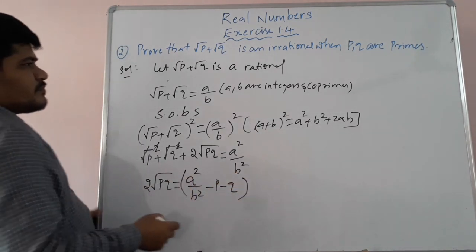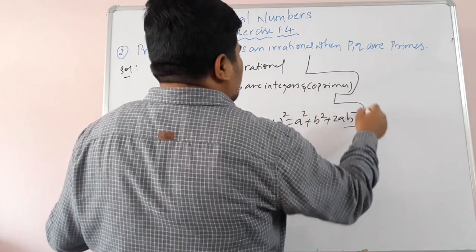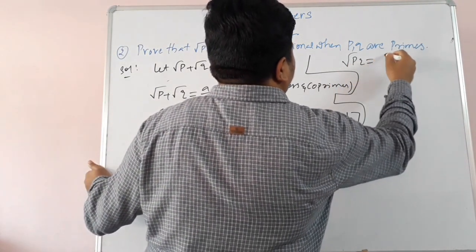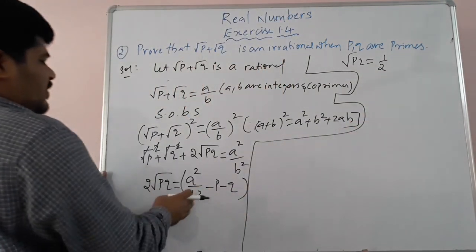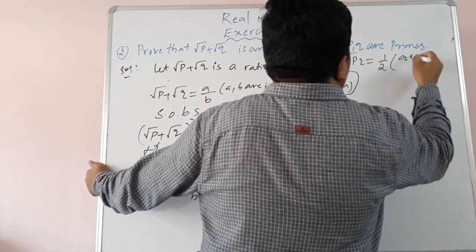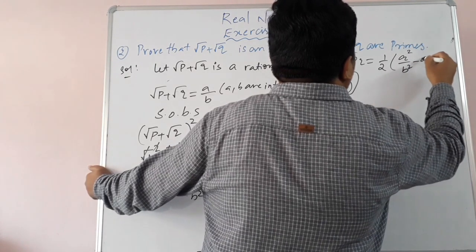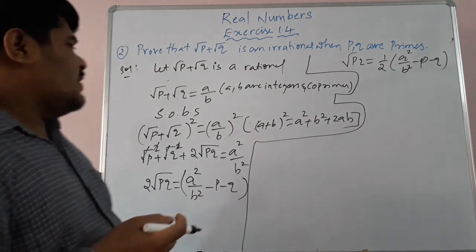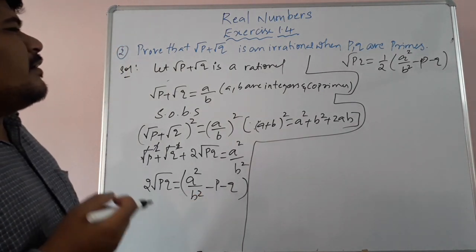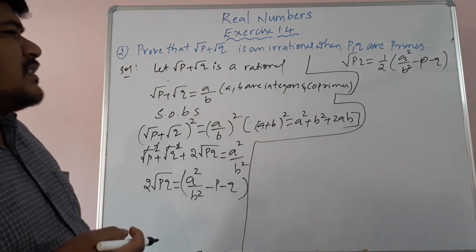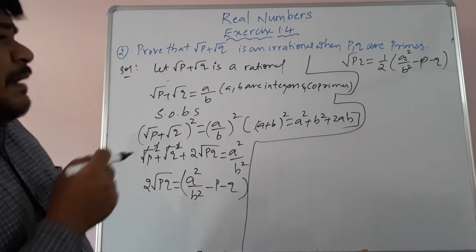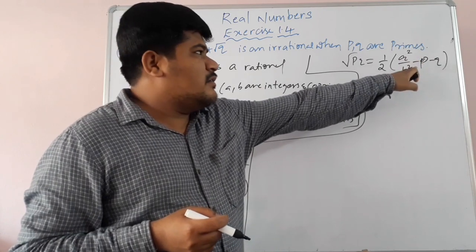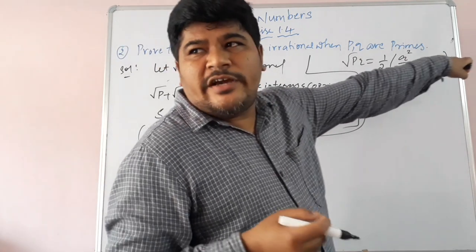Now children, what is root of pq equal to? Root of pq is equal to half of (a square by b square minus p minus q), since 2 becomes half after transposing. Children, a and b are integers and p and q are prime numbers, written here without square root symbols.